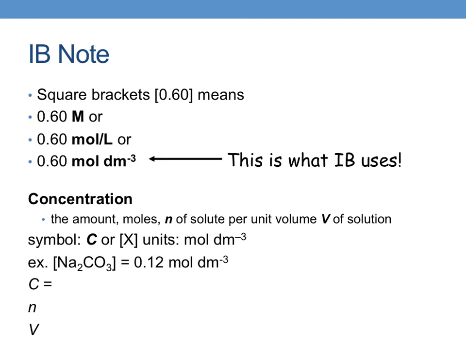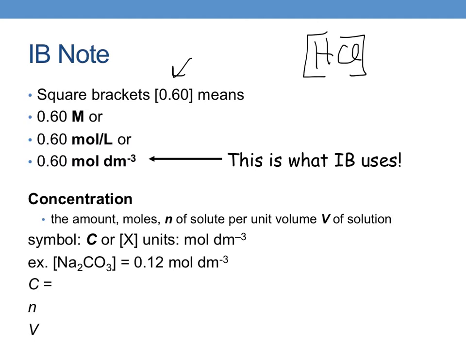Some of the notation you're going to see is square brackets, which means concentration. So if we have [HCl], this is going to be hydrochloric acid concentration.